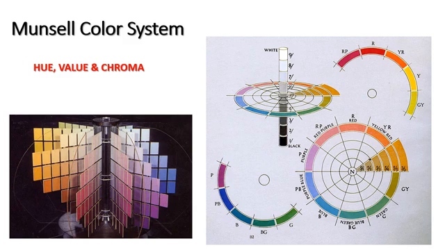Each horizontal slice of the cylinder across the axis is a hue circle, which is divided into 5 principal hues: red, yellow, green, blue, purple, and they have 5 intermediates: yellow red, green yellow, blue green, purple blue, and red purple.